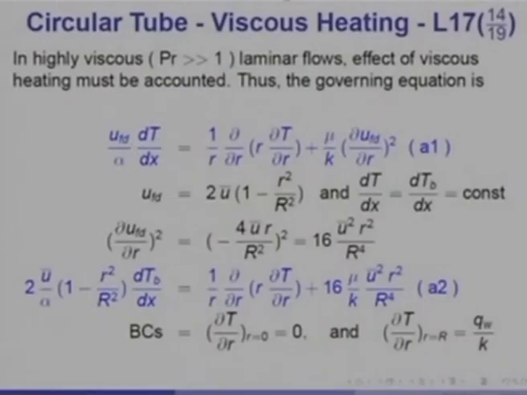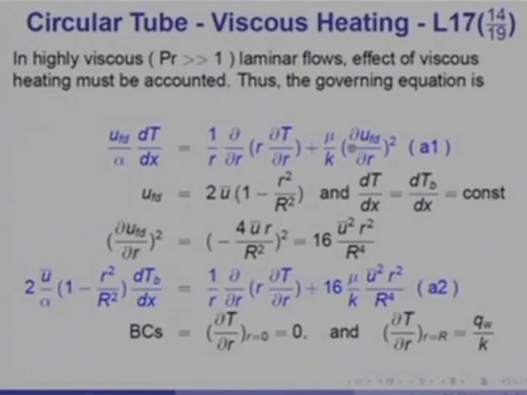In that case, you will recall from our energy equation that because viscosity is very high, the viscous dissipation term, mu (du/dr) whole square, becomes as important as the conduction term, and therefore, it must be retained in the energy equation. U FD of course, is 2 u bar (1 minus r²/R²), and dT/dx equal to dT_bulk/dx is equal to constant.